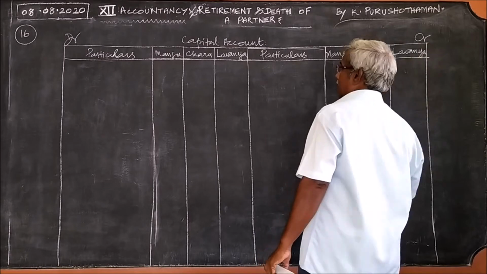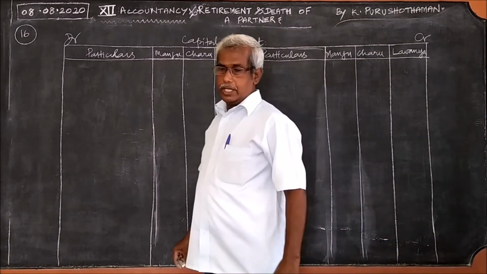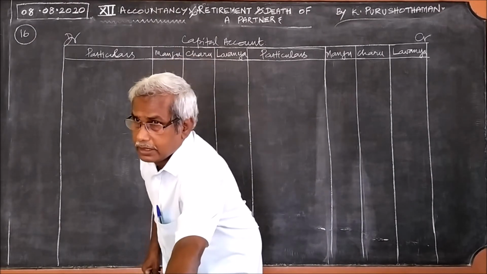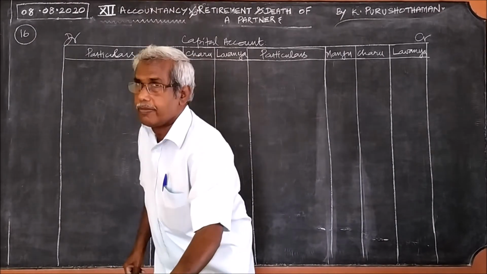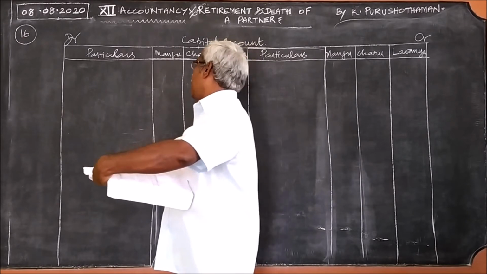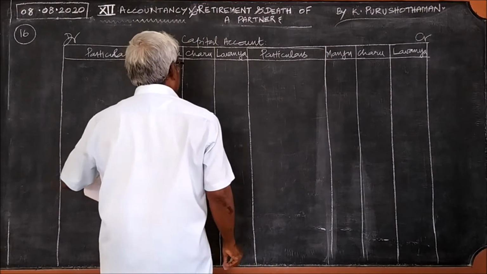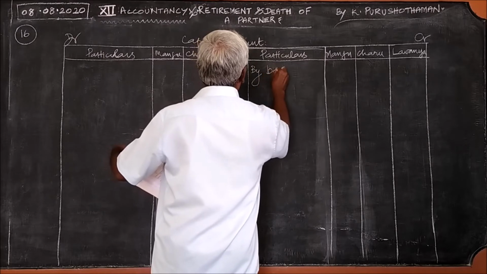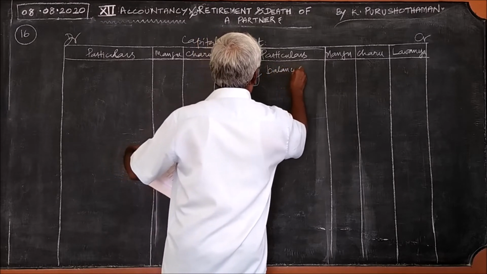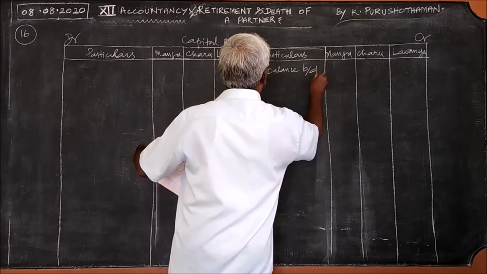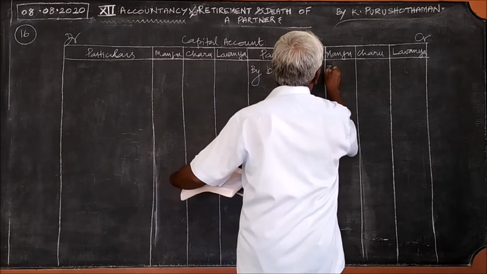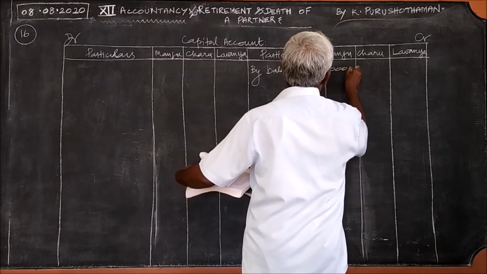Right. I just remind you, when you start preparing the capital account, the first item you should write is by balance brought down. By balance brought down, and the capitals should be written in the corresponding column.